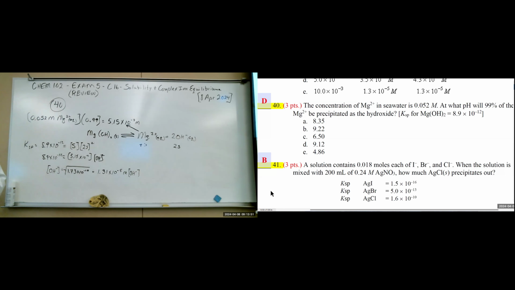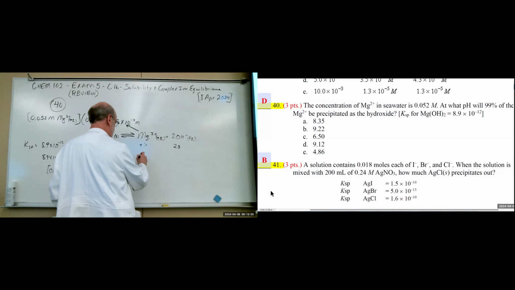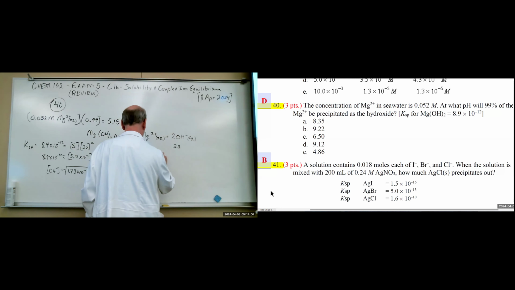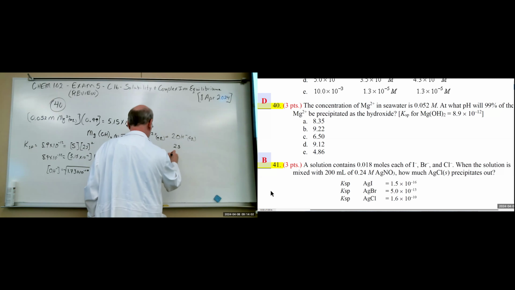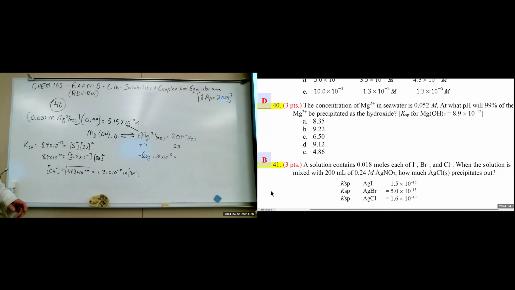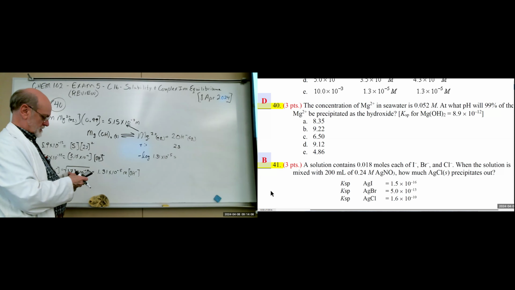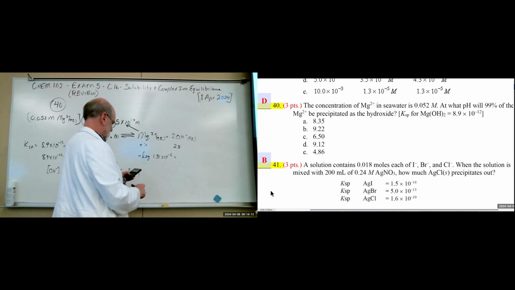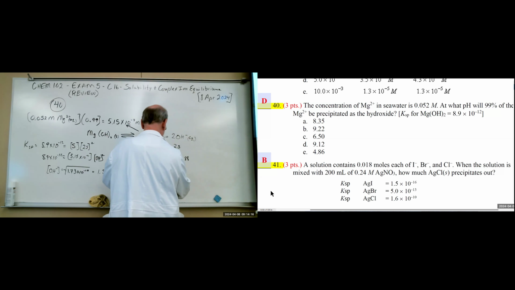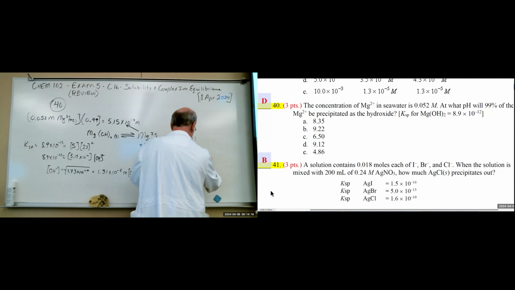All right, so how do we get the pH from that? Negative log of 1.31 times 10 to the minus 5 equals the pOH. So I'll take the log of that, change the sign. This is 4.88 equals the pOH.